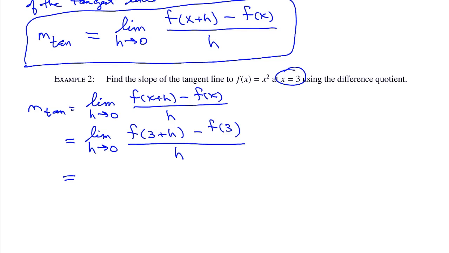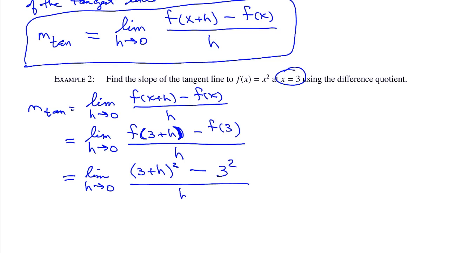The function is x squared. So we will take everything that's in the parentheses here, and we will plug that into the square function. So that's going to be 3 plus h squared minus, on the right side we have f of 3. So we take 3 and we square it. That is over h.